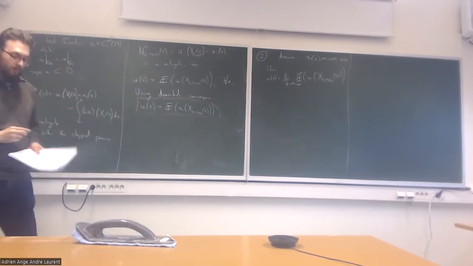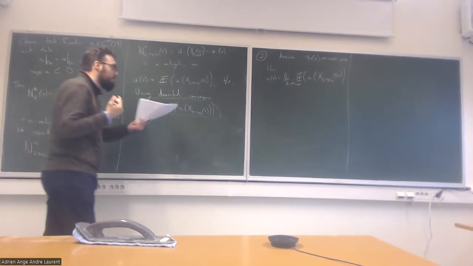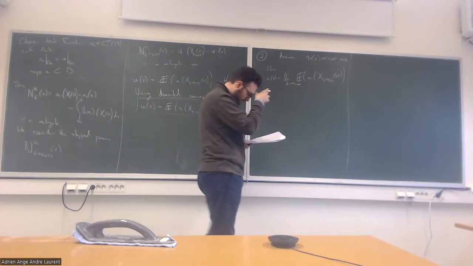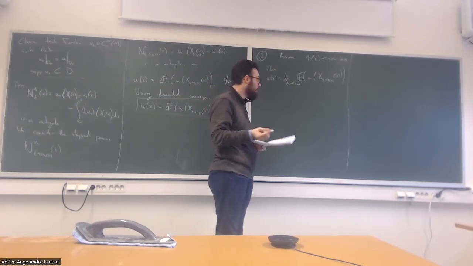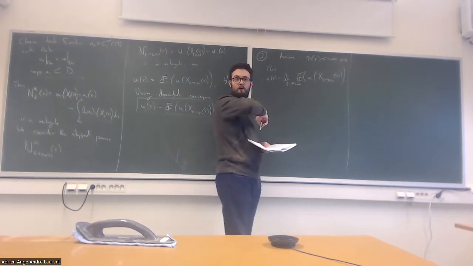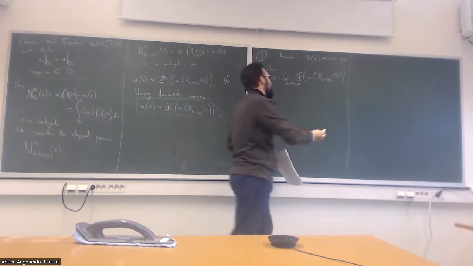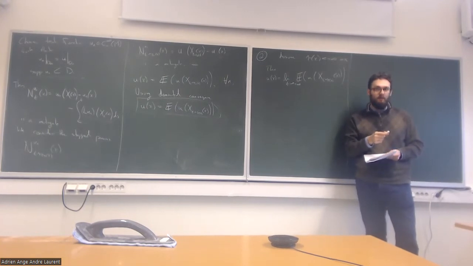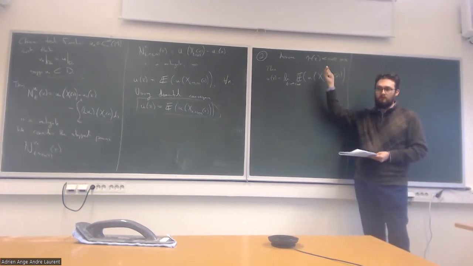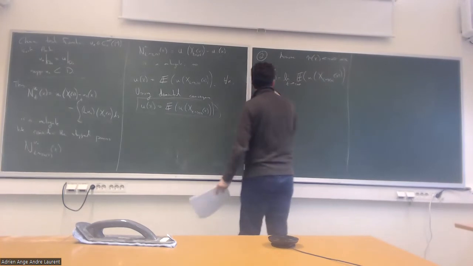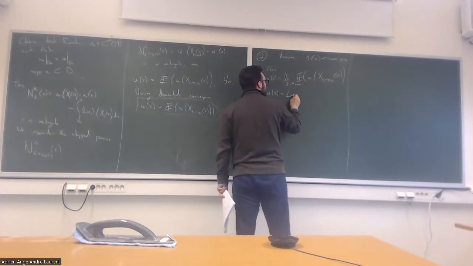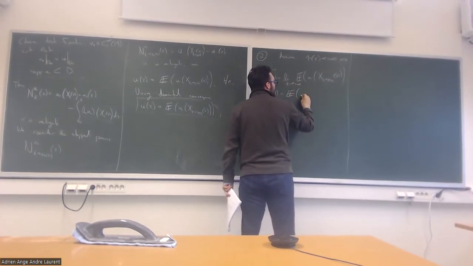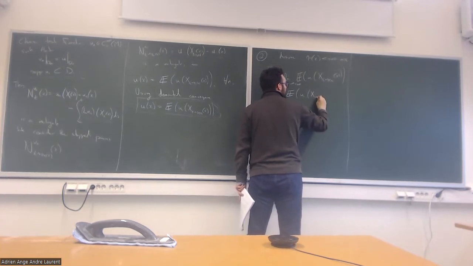We apply the limit, because the left-hand side, of course, will depend on t. We go ahead and we can interchange this limit again by dominated convergence. And then what happens? Well, the minimum of t and tau is going to be tau under this assumption. So u of x now is given by the expected value of u of X tau.